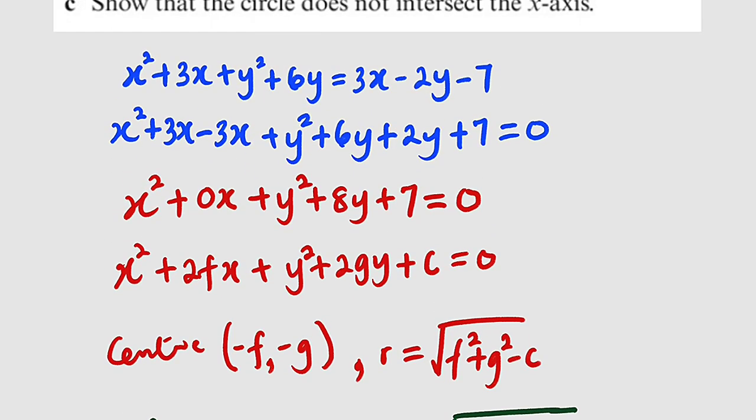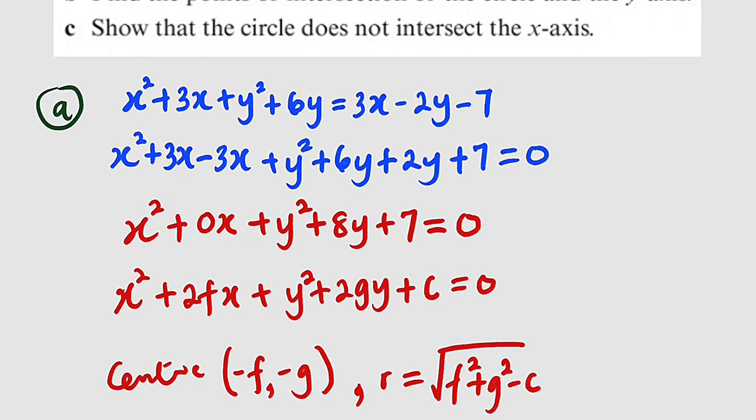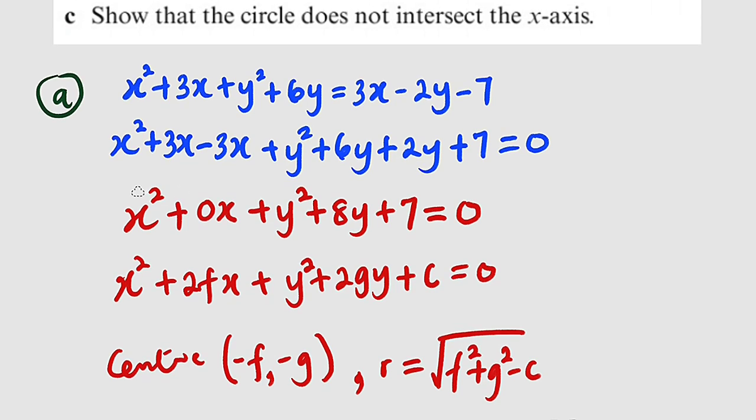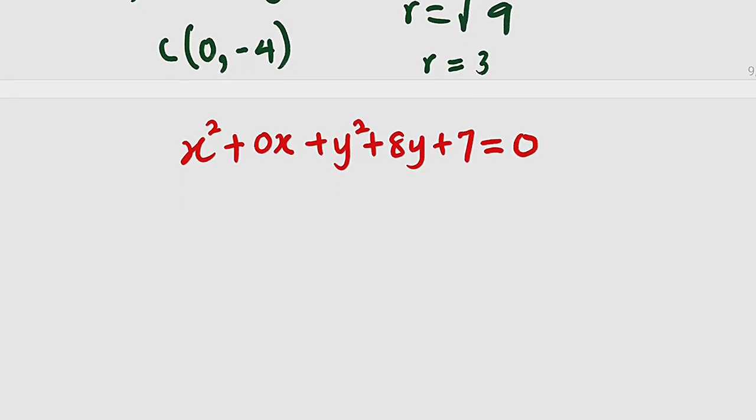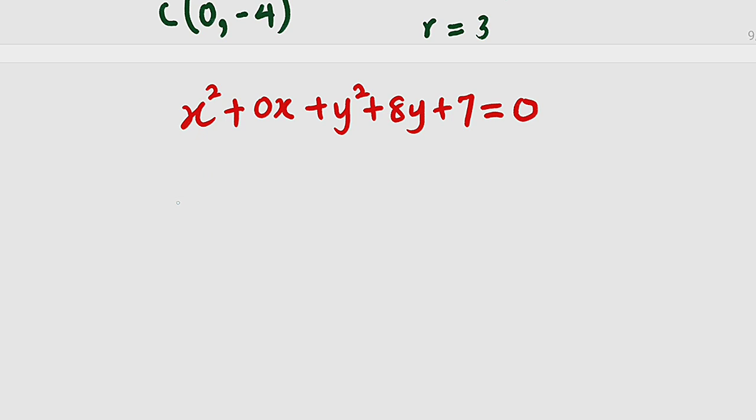So this is all about the first way, and I promised to show you two different ways to do that, right? So I would like to copy this equation. This is the equation I would like to transform into standard form. So this is x squared plus 0x. To make it a complete square, you have to take the square of half of the coefficient of x.